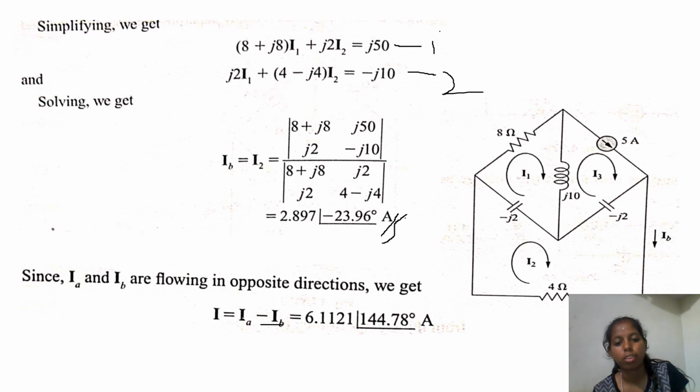When the currents are flowing in the same direction, we add them. Now in this case, currents are flowing in opposite directions, so I is equal to IA minus IB. By subtracting, we'll get 6.1121 into angle 144.78 degree ampere.